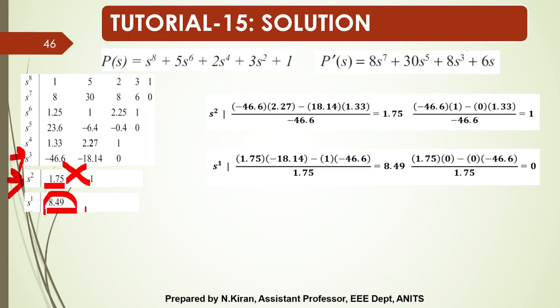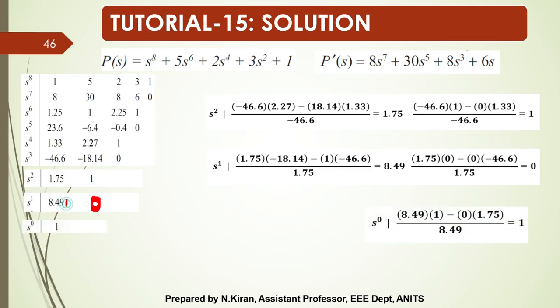Obviously I will not get the remaining elements because anyhow there are no elements here, isn't it? So the last row, since this is 0, is 8.49 into 1 minus 0 into 1.75 divided by 8.49, which will give me the last element of the row table to be 1.